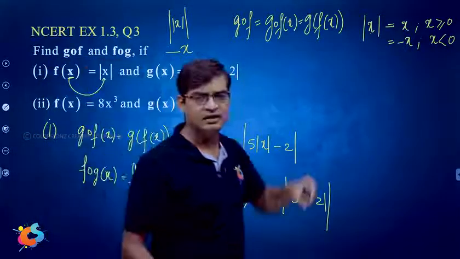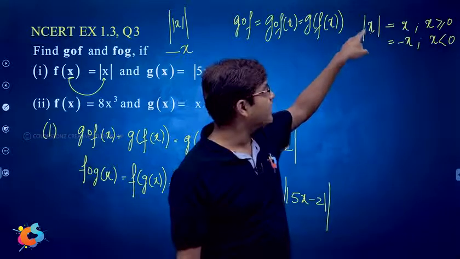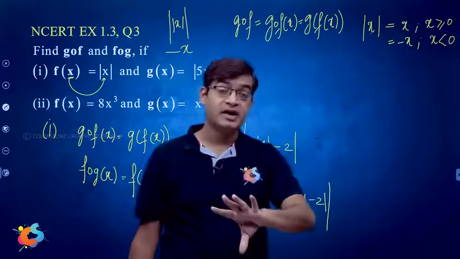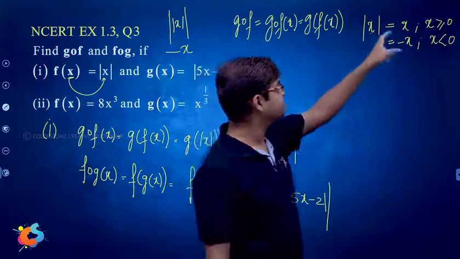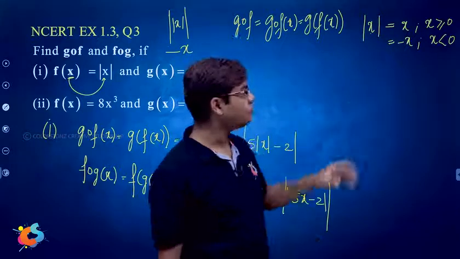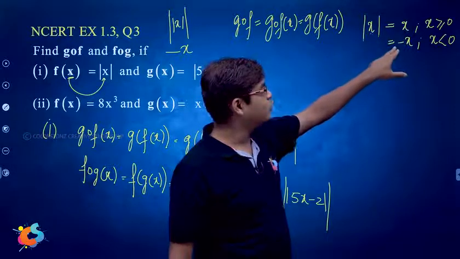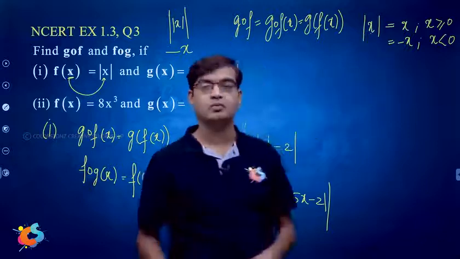In the same way here, if x is less than 0 and you put minus x, that will become positive. That is why we have minus x here. Mod x should always be positive, or 0. If this is 0, then the output will be 0. So on the whole, if this is negative, then put a negative sign here so that this whole thing will be positive when you remove the mod.